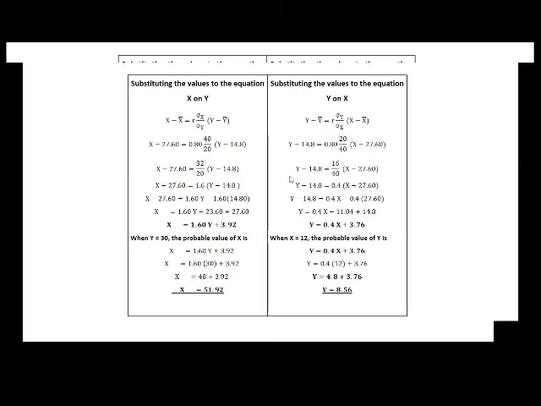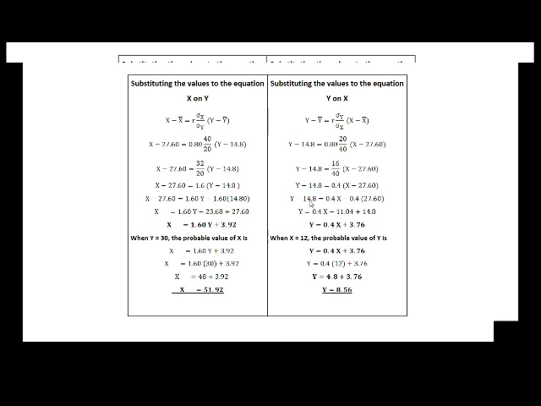So substituting the values, y minus 14.8 is equal to 16 divided by 40, x minus 27.60. The next step is y minus 14.8 is equal to 0.4 into x minus 27.60.